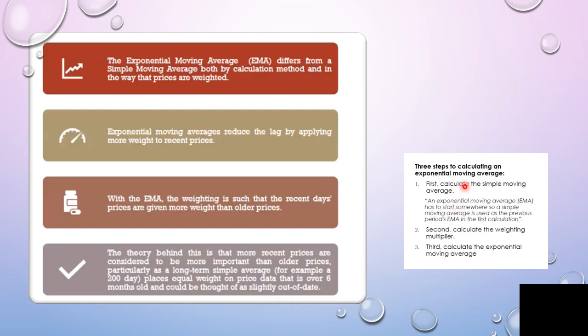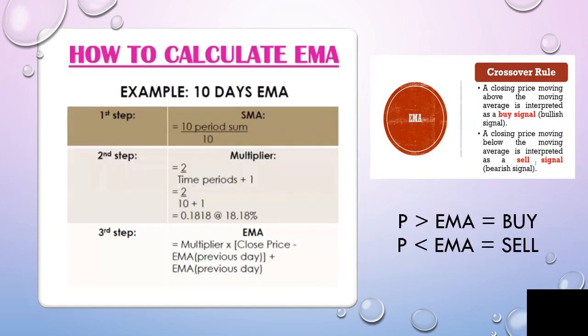Okay, so there are steps to calculating an exponential moving average. First, you have to calculate the simple moving average, then calculate the weighting multiplier, and then calculate the exponential moving average. For example, this is for a 10 days EMA. The first step is to calculate the SMA first: 10 periods of closing price divided by 10.